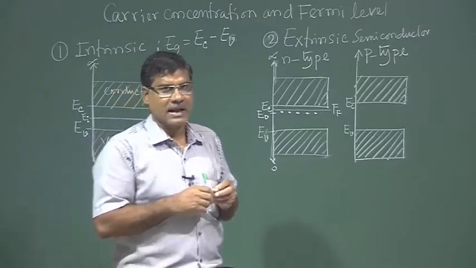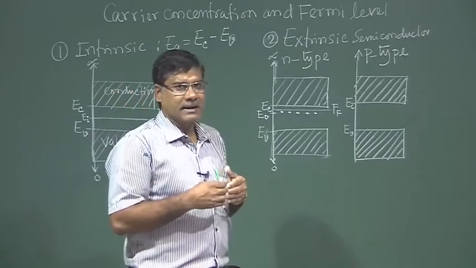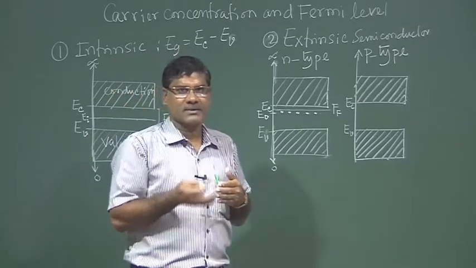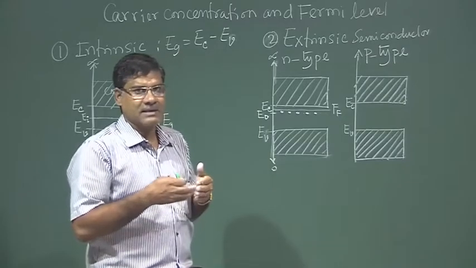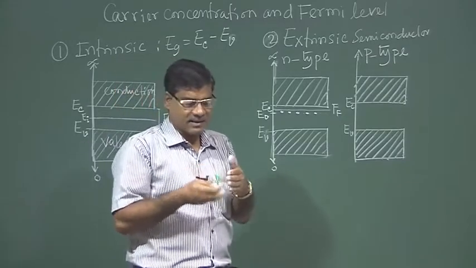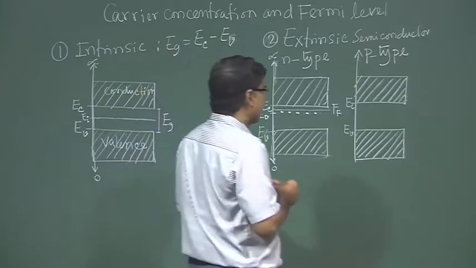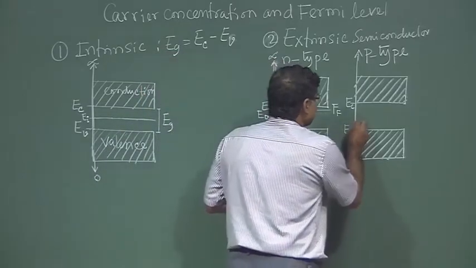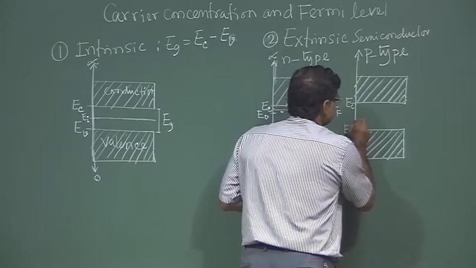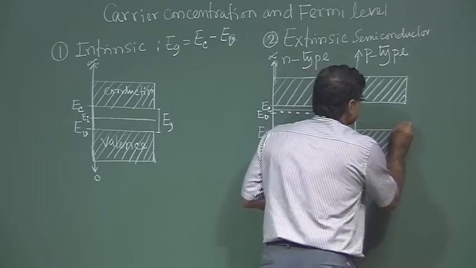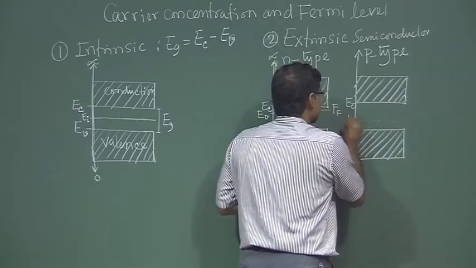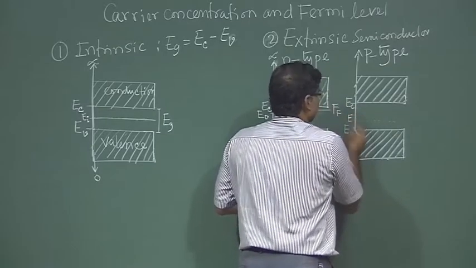That is why it is called acceptor, and it can accept electrons from the valence band, where electrons are available. This acceptor level is close to the valence band.